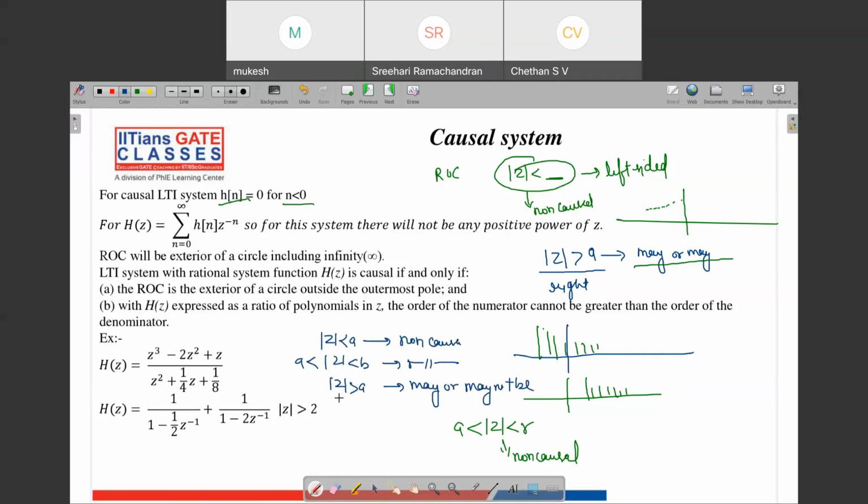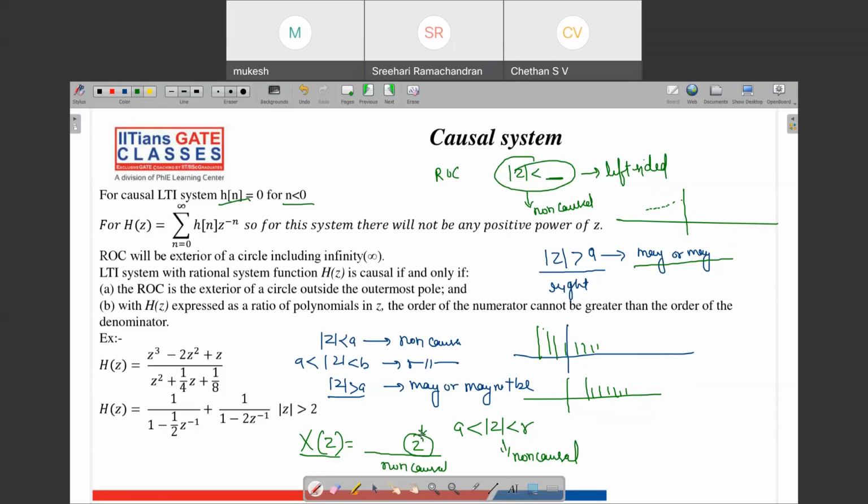Now, whenever the ROC is of the kind mod of z greater than a, check X of z, and when you expand it, if you get a positive power of z, you can conclude that it will be non-causal, because a positive power of z in X of z after expansion means it has some value at negative time. But if it doesn't have a positive power of z, it means that it will be causal.